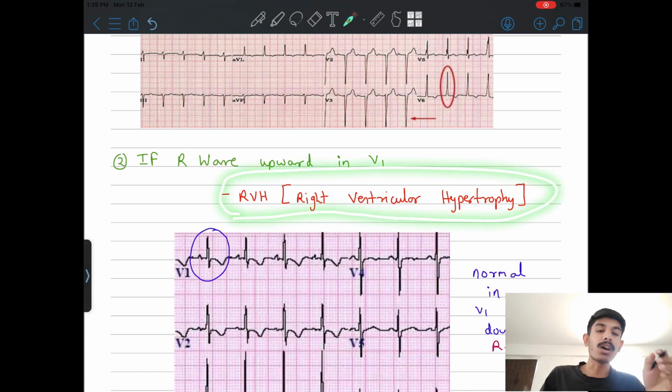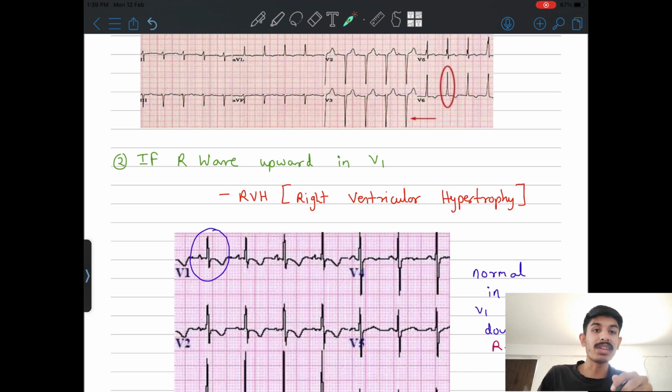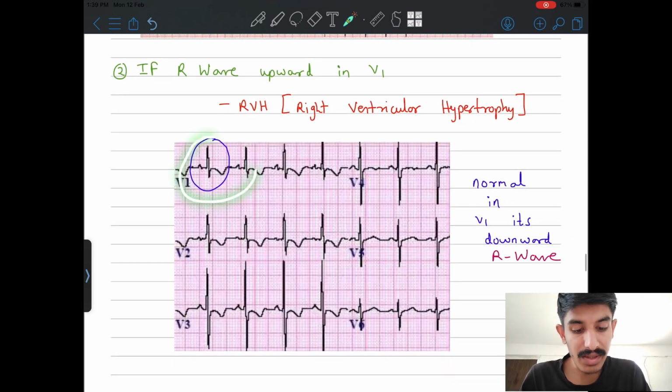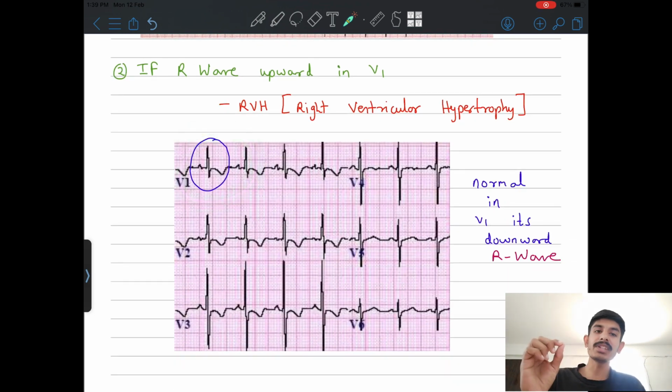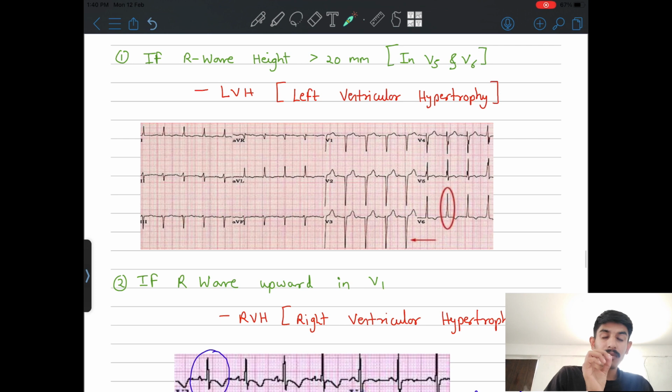Now the right side of the ventricle has thickness. Just rule out the simple things. If you check V1 is upward, then you rule out right ventricular hypertrophy. And if you see in V5 or V6 a height of more than 4 boxes, then it is the left side.